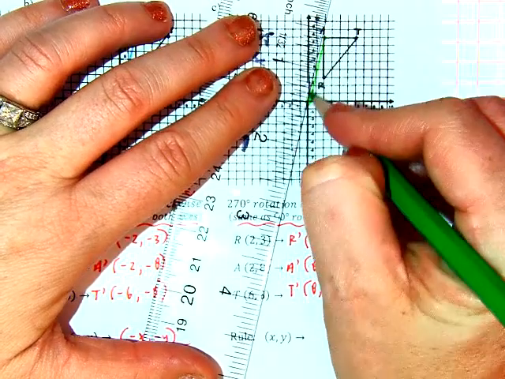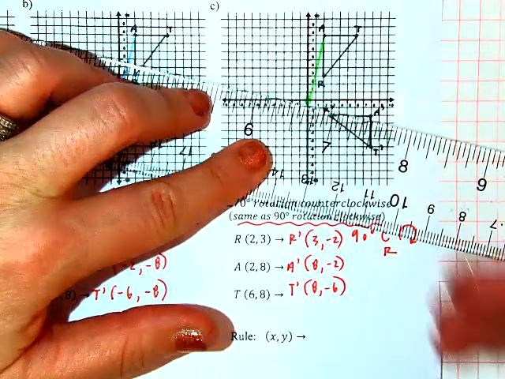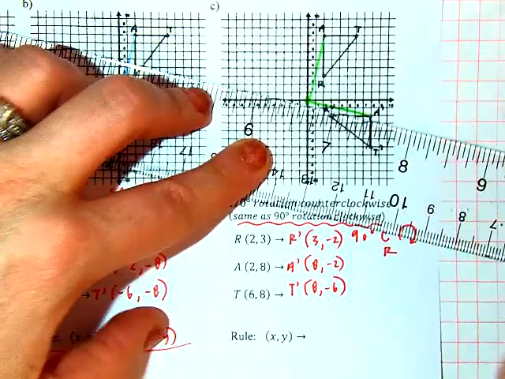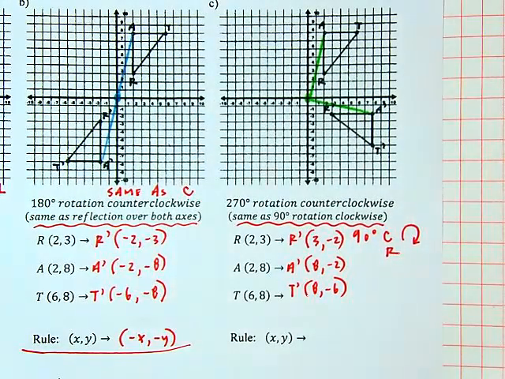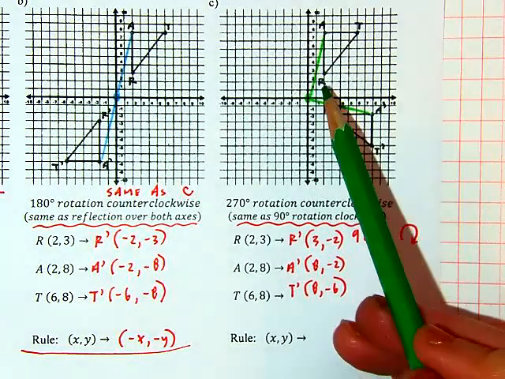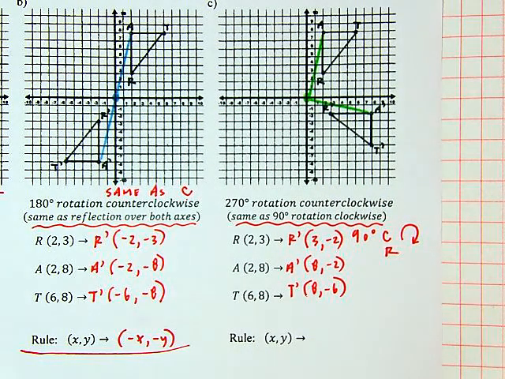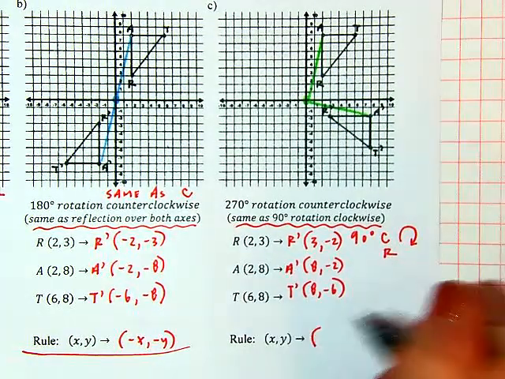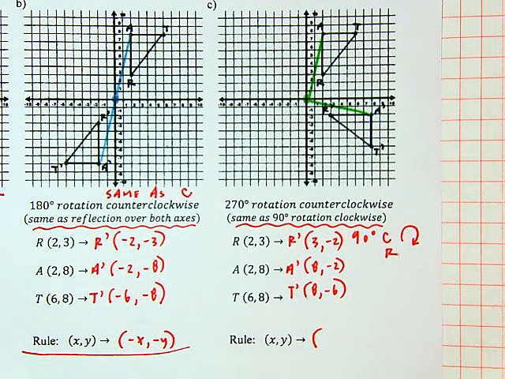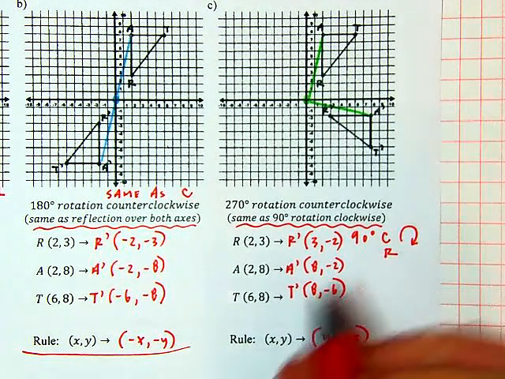So if I connect back here to the origin, and then A prime to the origin, right, I can see that that distance from the center of rotation to point A, center of rotation to A prime, that distance is staying preserved, and I can see that right angle right there. All right, my rule, again, I know that they're going to switch spots, x and y switch, but since I'm veering to the right, that negative sign, that opposite sign goes on the right. So y, -x. That will be my rule.